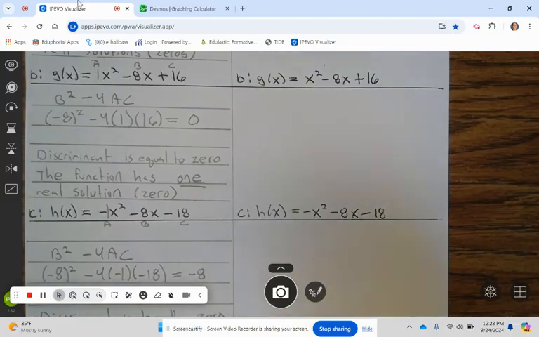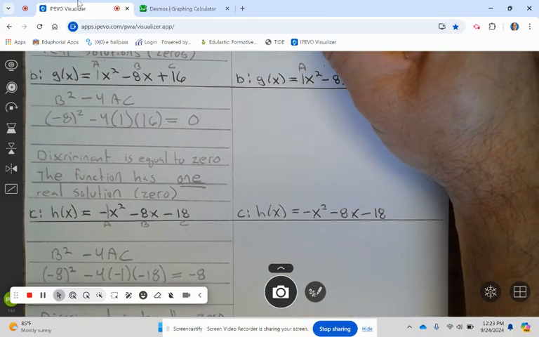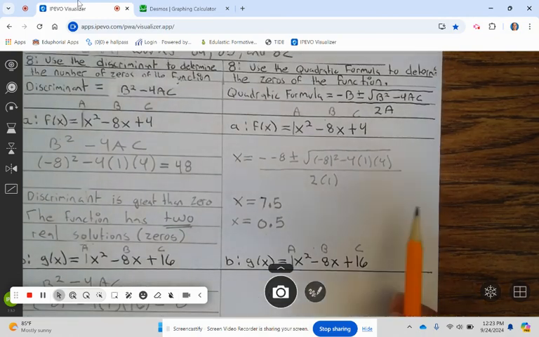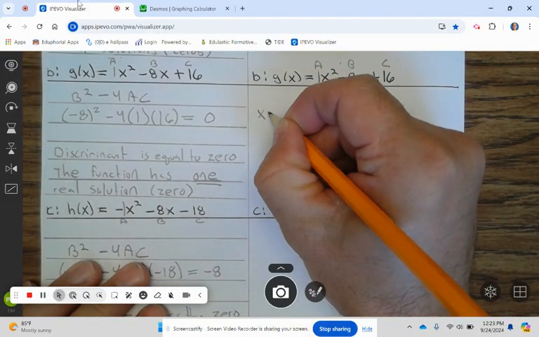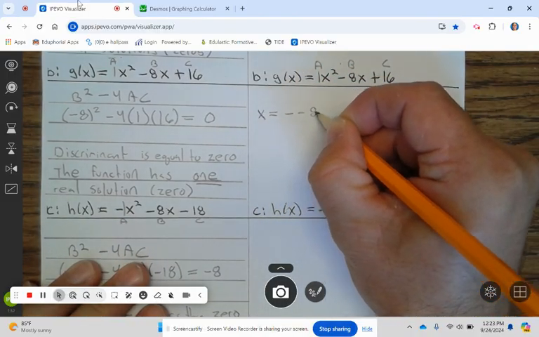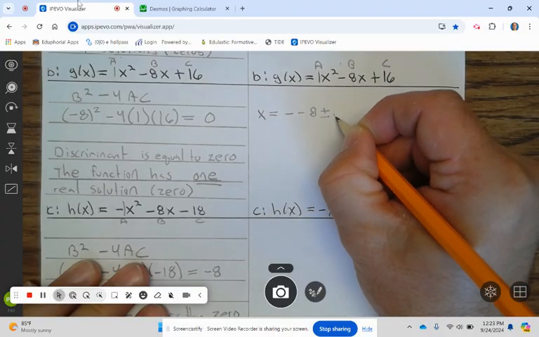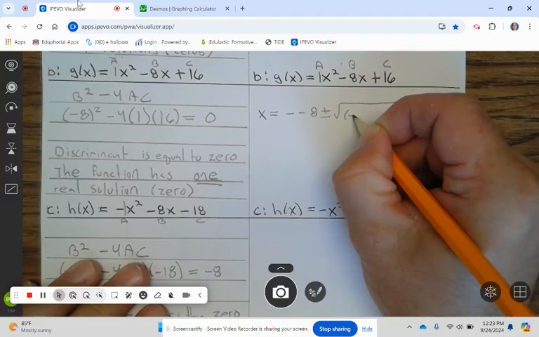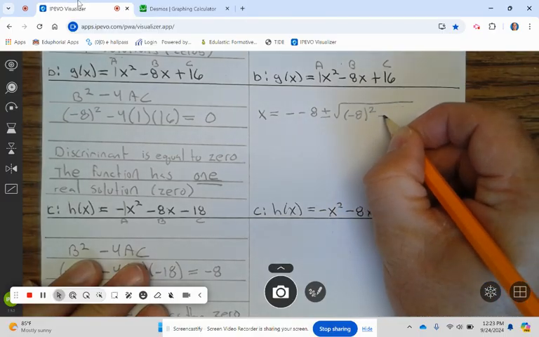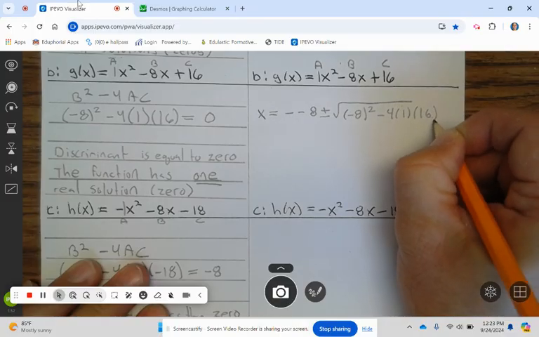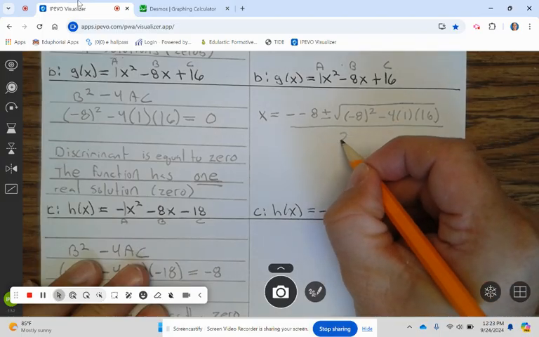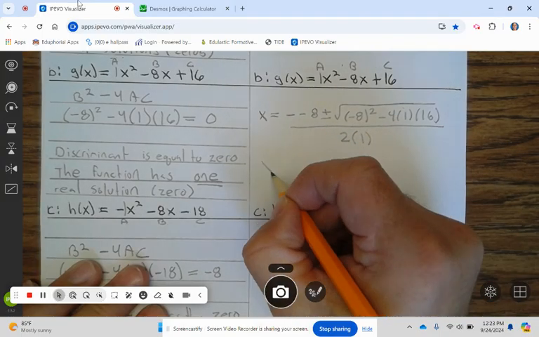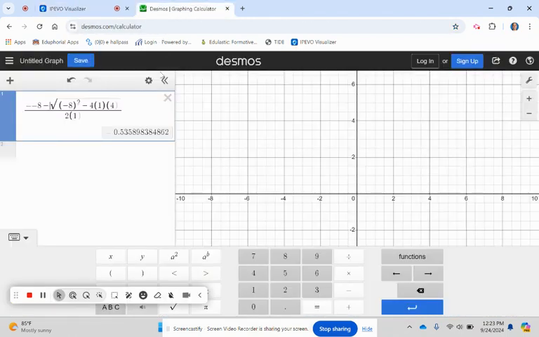All right, let's take a look at B. Now, again, this is your A, this is your B, this is your C. We plug that into this quadratic formula right here. So that's x equals negative, negative 8 plus or minus the square root of negative 8 squared minus 4 times 1 times 16 divided by 2 times 1. All right, so let's go ahead and use decimals. So let's divide.